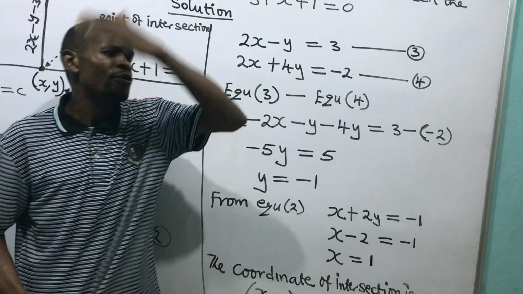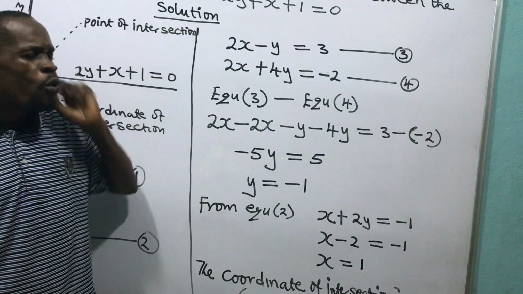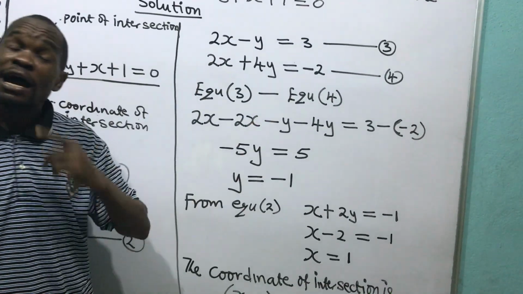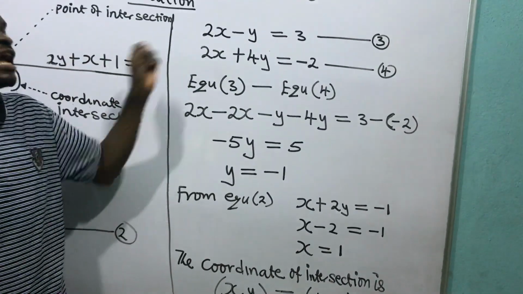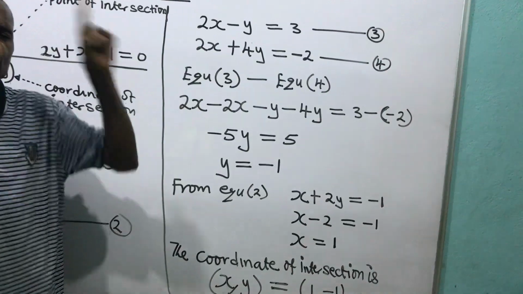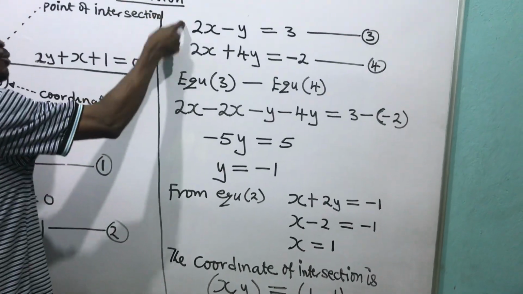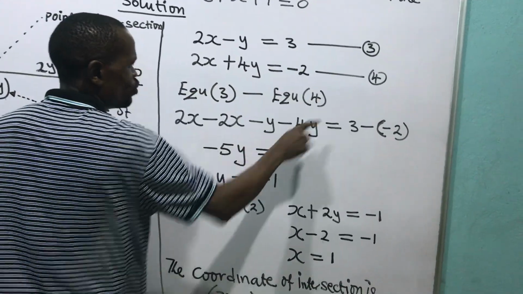When they have opposite signs, I use plus. So I said equation 3 minus equation 4.